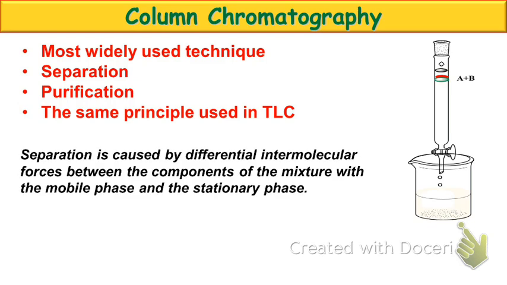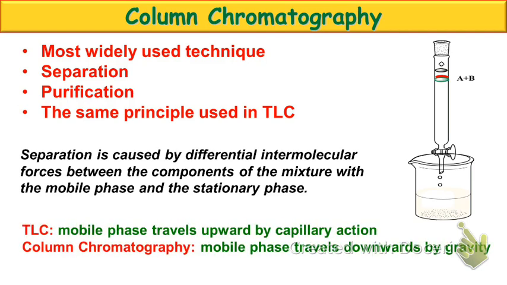Okay? So we're still looking at the differentiation between intermolecular forces. The stationary phase in TLC was what? Silica gel. What's the stationary phase going to be in column chromatography? Still silica gel. Okay? Our mobile phase in TLC was? No, that was the compound you were separating.